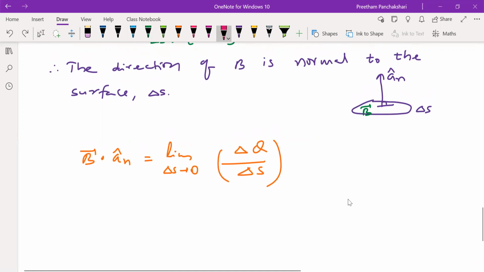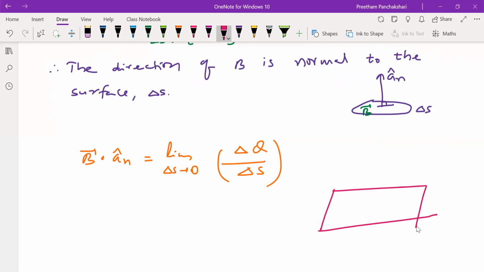We can better understand it like this. If there is a surface, let us say some area delta S, the direction of the surface is perpendicular here.